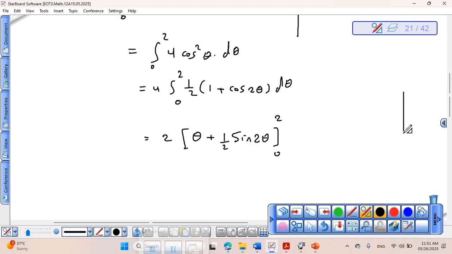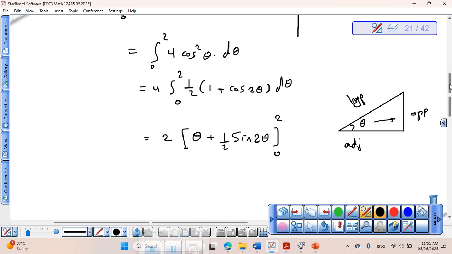Or maybe you can solve the question with a right-angled triangle, as you see. This is theta, this is opposite, adjacent, and hypotenuse. Do you remember that?